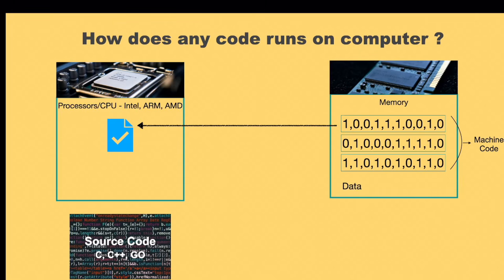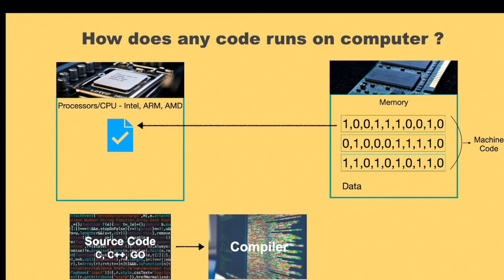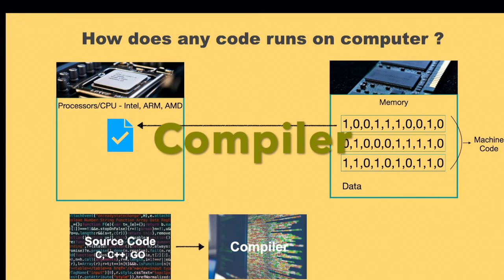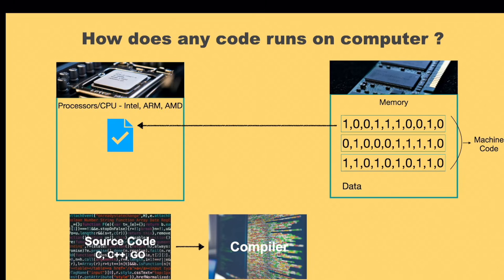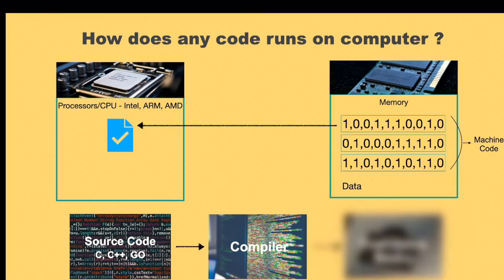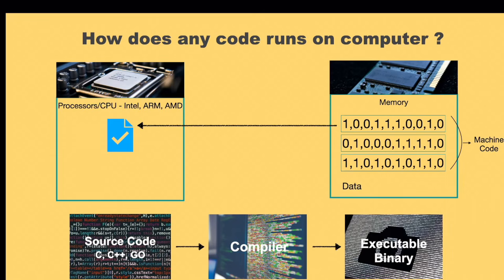That means you need some mechanism that will translate the source code into machine code. And that is called the compiler. So the compiler is software that reads source code from the hard disk and translates it into binary machine code specific to a platform and processor type that the processor can understand. This binary file is the executable.